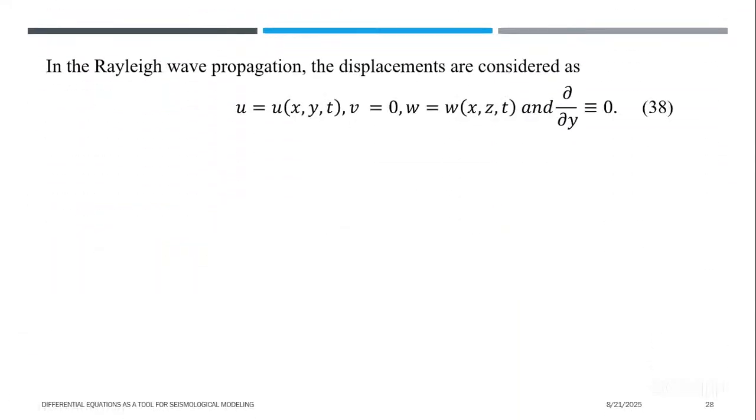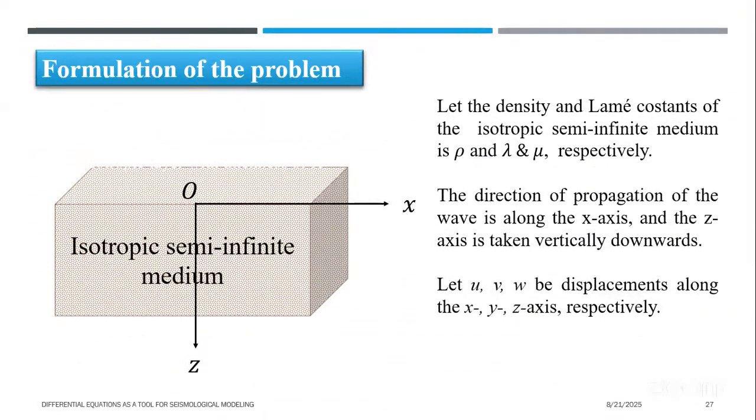And that is what is reflected here in equation number 38. u and w components are there, v is not there, and del/del y is equal to 0. This is basically a plane wave, and del/del y equal to 0 simply means that whatever is happening in this XZ plane, the same thing is happening in all other planes parallel to this.